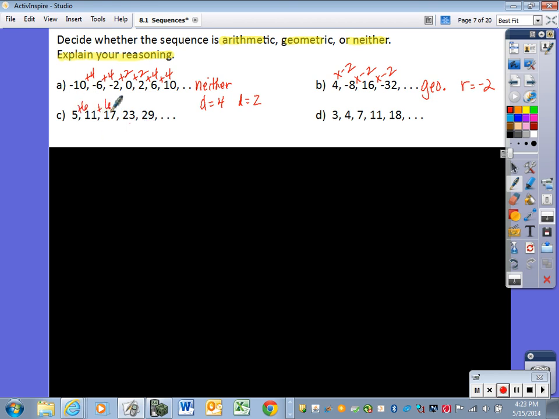Add 6, add 6, add 6, add 6. So it's arithmetic because I have one difference of 6. 3, 4, 7, 11, 18. Neither, because it's Fibonacci.